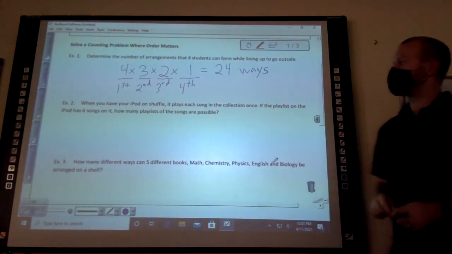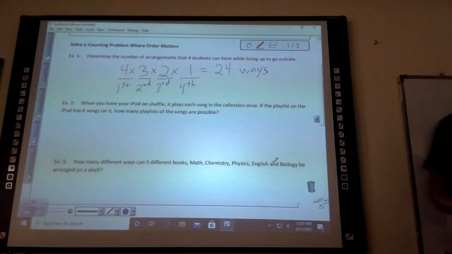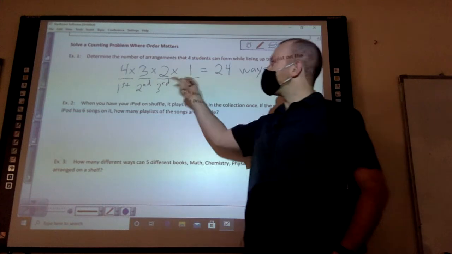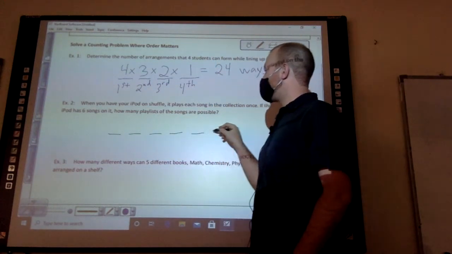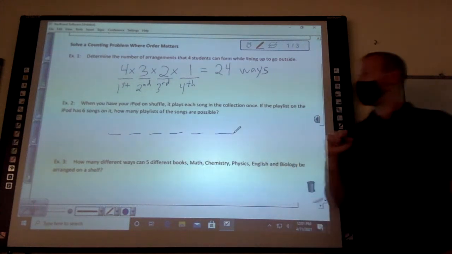So let's try a different example. You can tell how dated this set of notes is because we can talk about iPods, which are like non-existent at this point. So if you are putting your songs on shuffle and you've got 6 songs, we want to know the number of playlists that we can make with just those 6 songs. So I can look at the exact same kind of pattern. I can look at first, second, third, fourth, fifth, sixth.